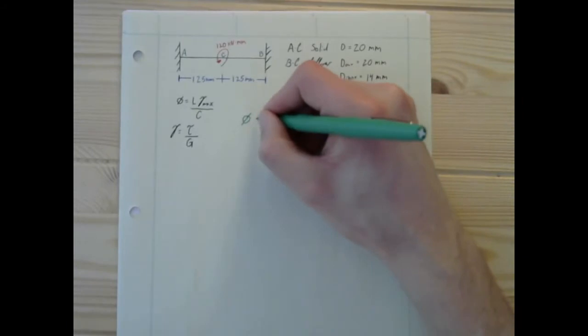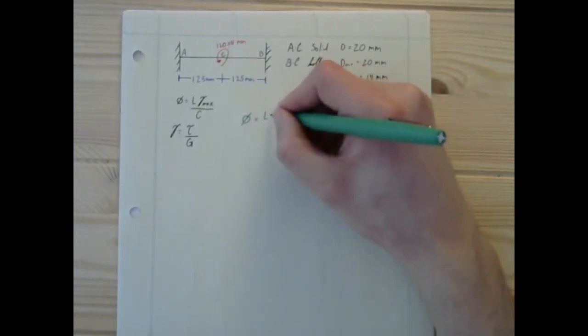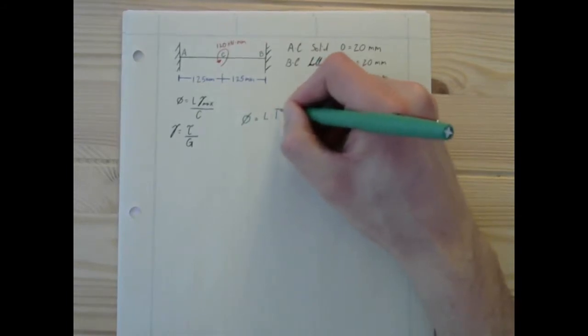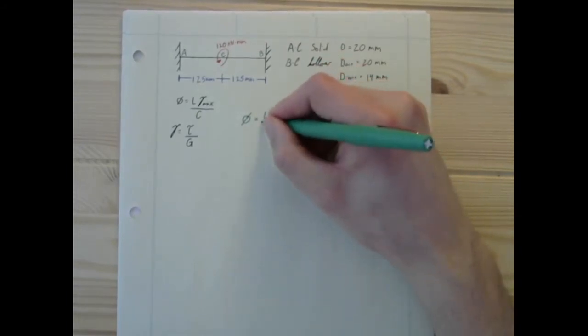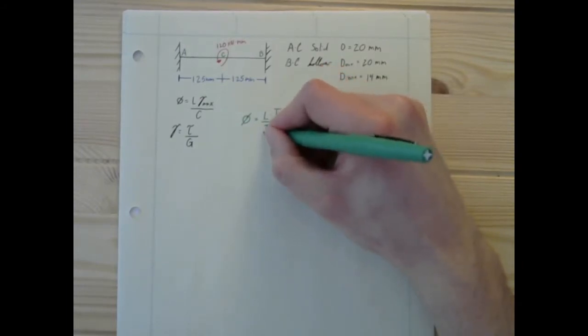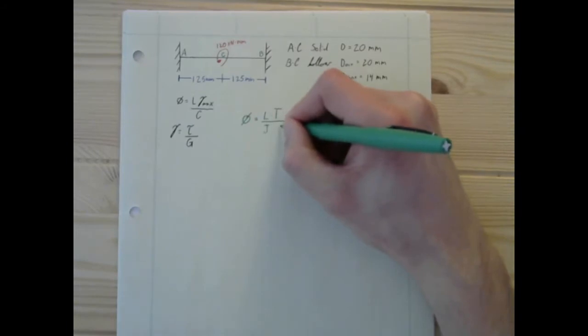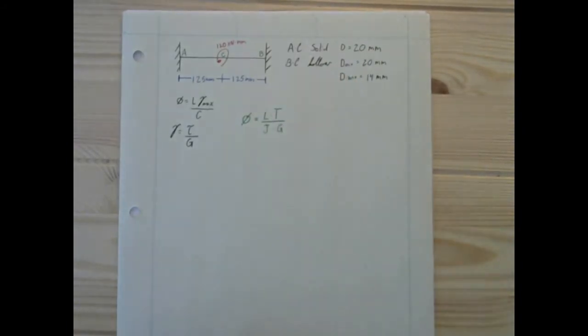we're going to obtain that our twist is going to be equal to the length of the section times the torsion in that section divided by the polar moment of inertia, and also divided by the shear modulus.